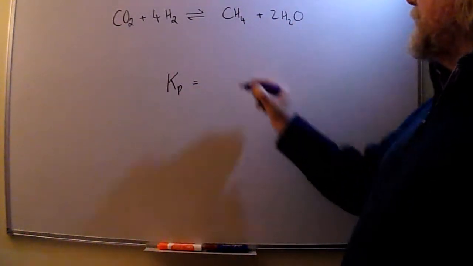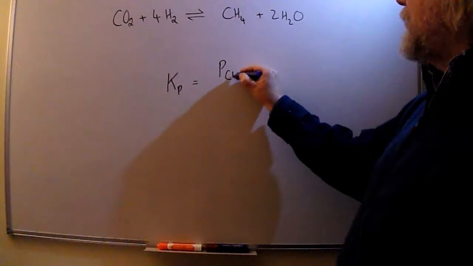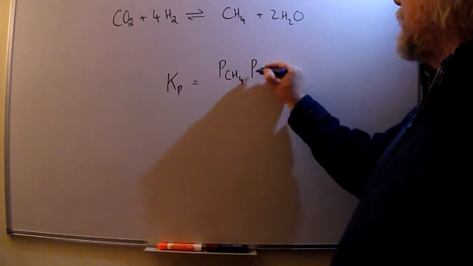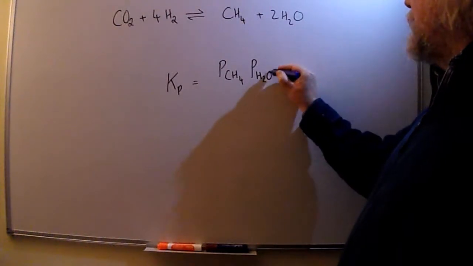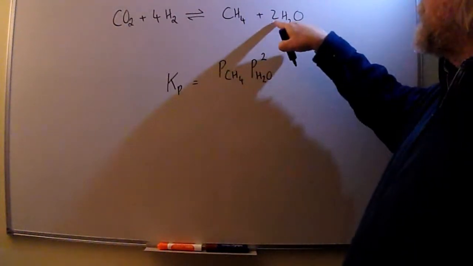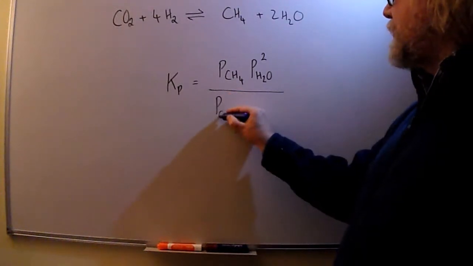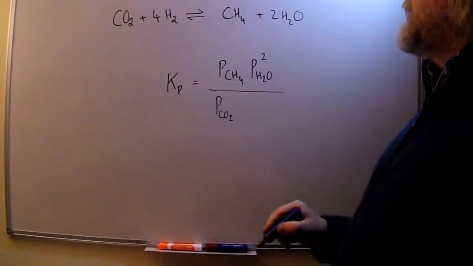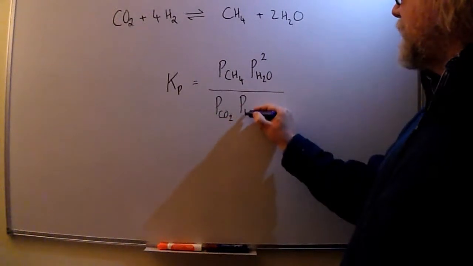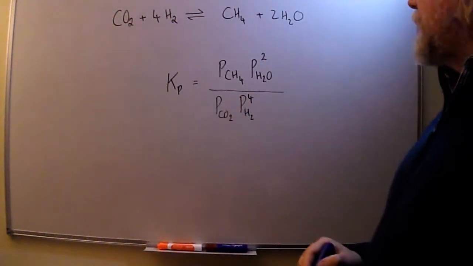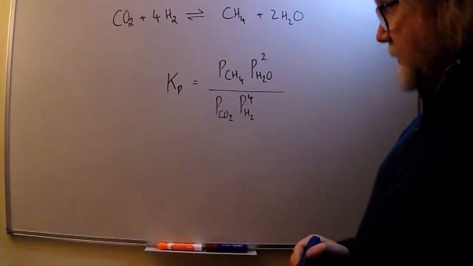Stuff on the top goes on the right, so it's the partial pressure of methane times the partial pressure of water squared, because there's two of them, divided by the partial pressure of CO2 times the partial pressure of hydrogen to the power 4, because there are 4 of those. So that bit is easy.